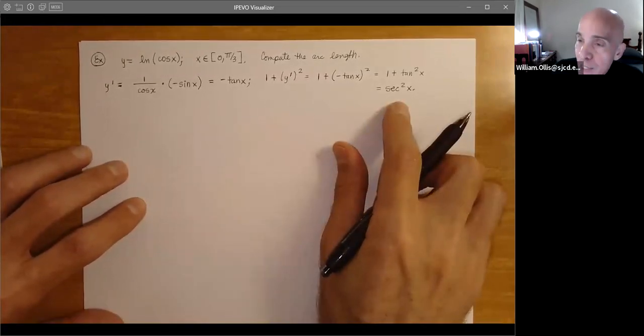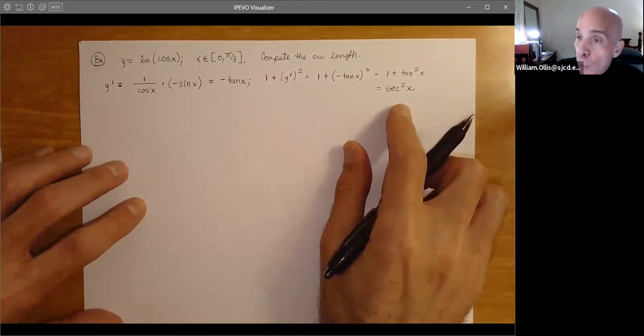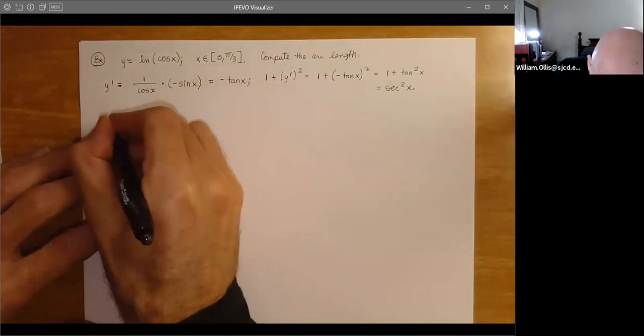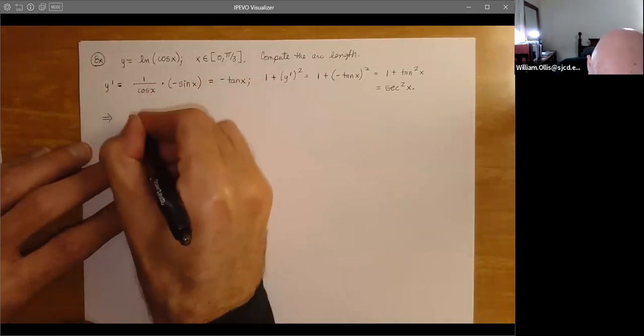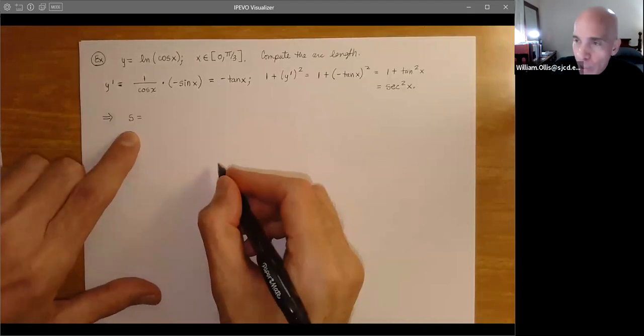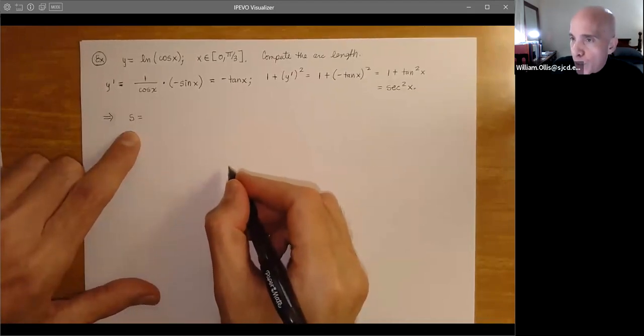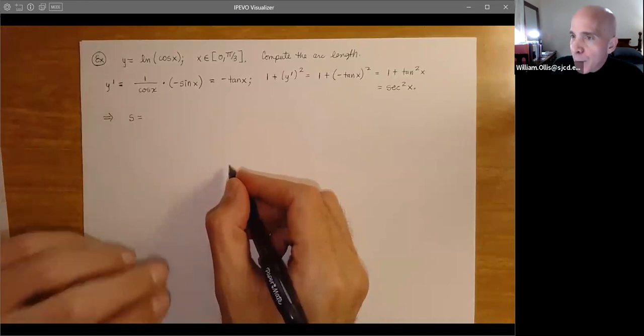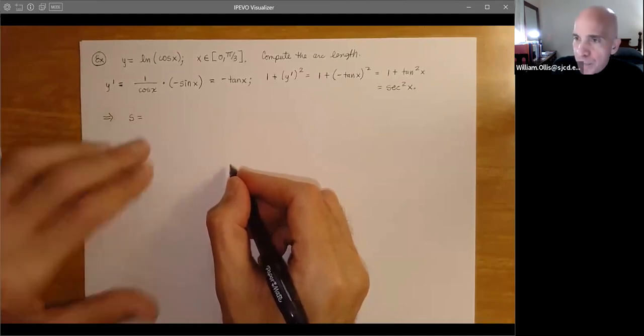Okay, so now this gives us the radicand, or the argument of the radical, for the arc length formula. So now this implies that our arc length, again, we use lowercase s for arc length, and for area of a surface we'll use uppercase. Don't ask me why, that's something that's just kind of been passed down through the ages, good or bad.